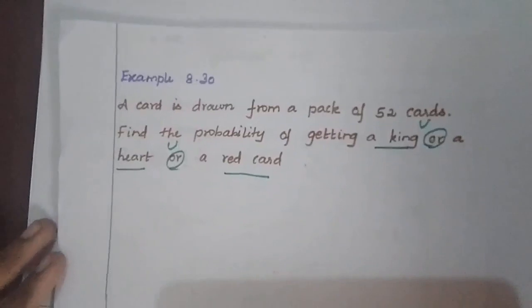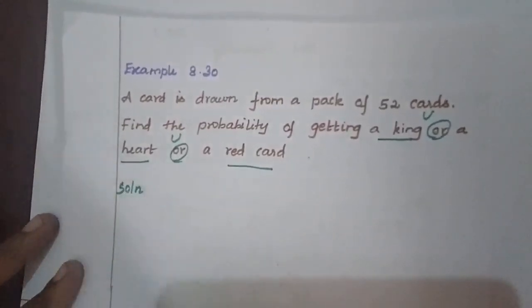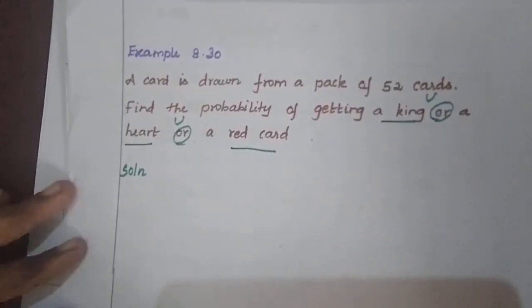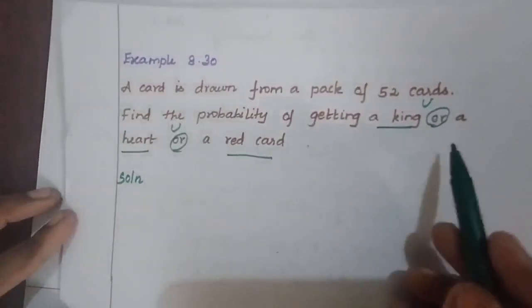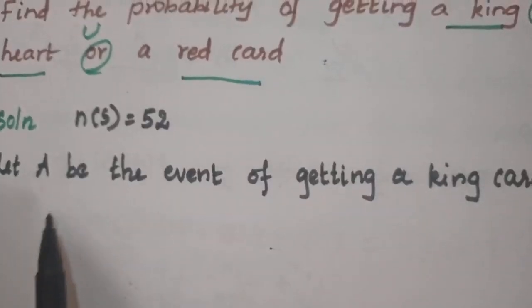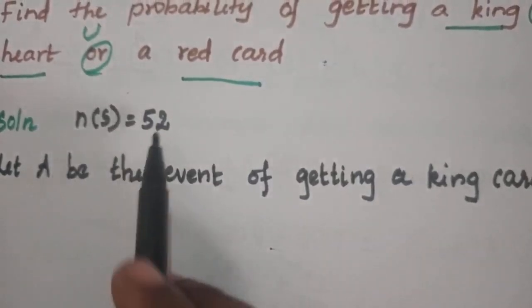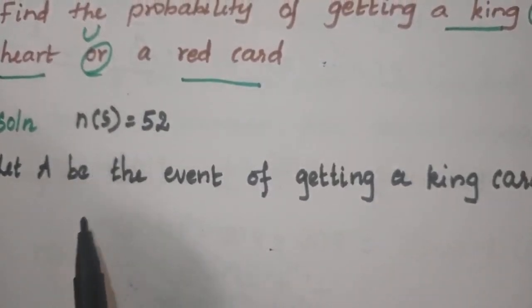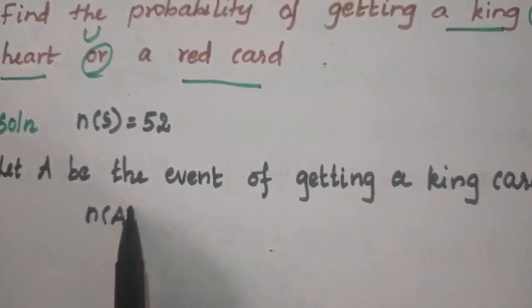So let us solve this one. The first one, let A be the event of getting a king card, and N of S, you know that is 52. So from this we are going to find N of A, how many king cards will be there?